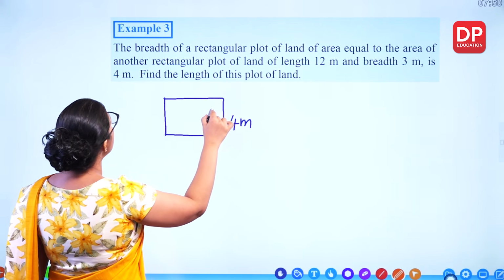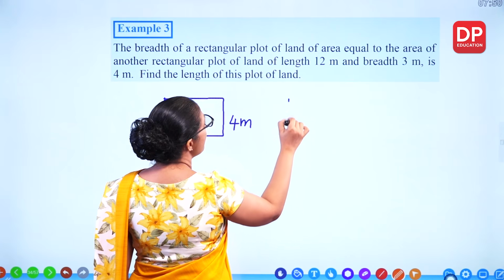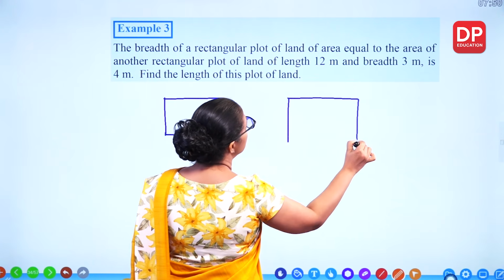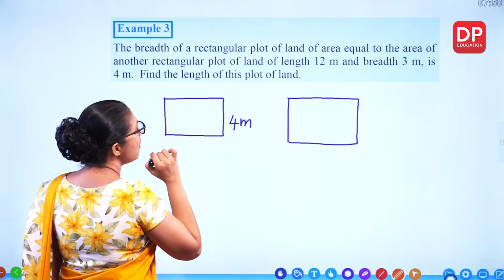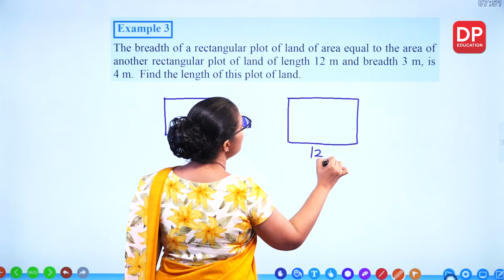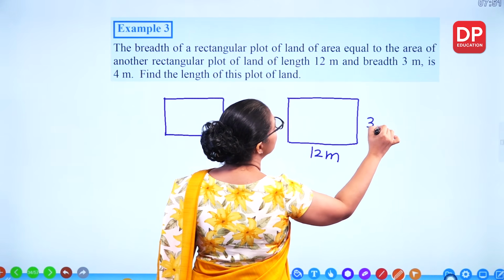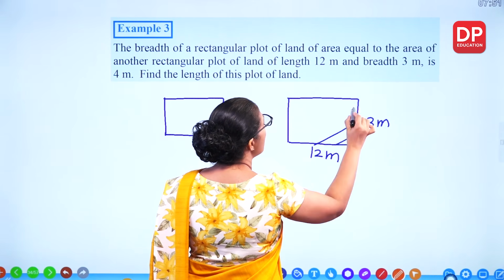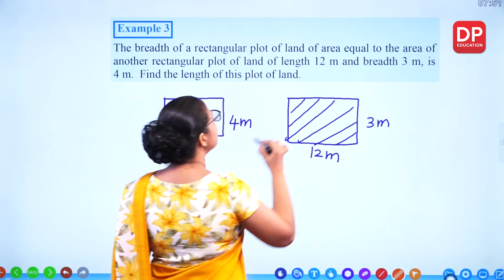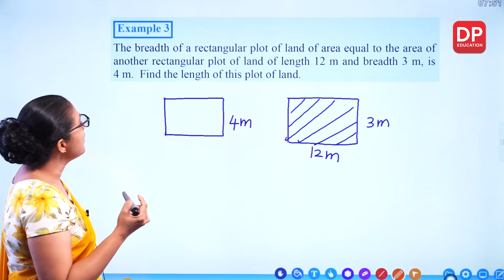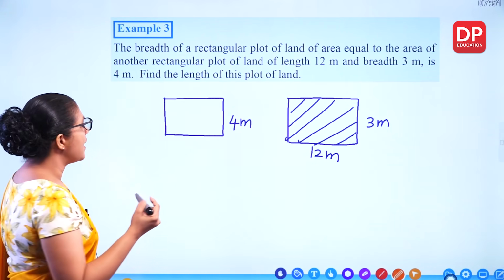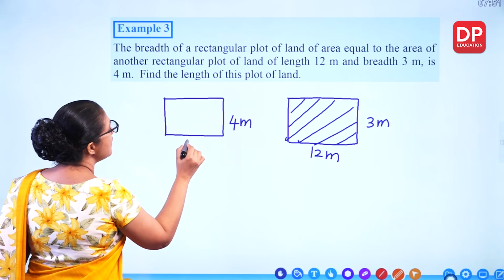This area is equal to another area of a rectangular plot with length 12 and breadth 3. So this area is the same. Find the length of this plot of land.